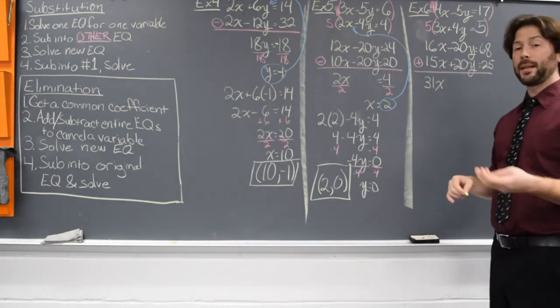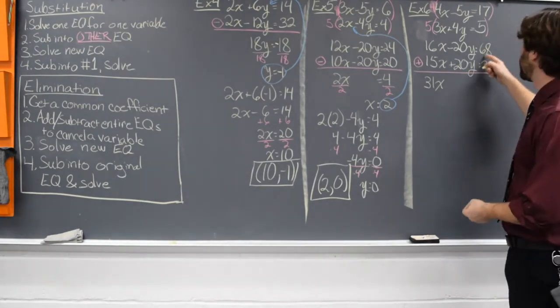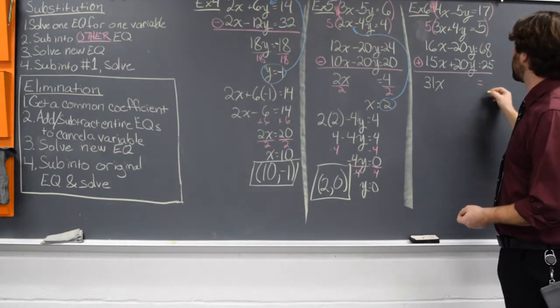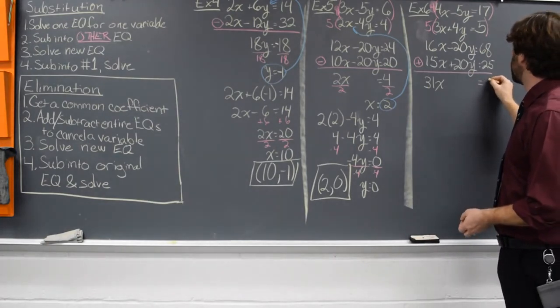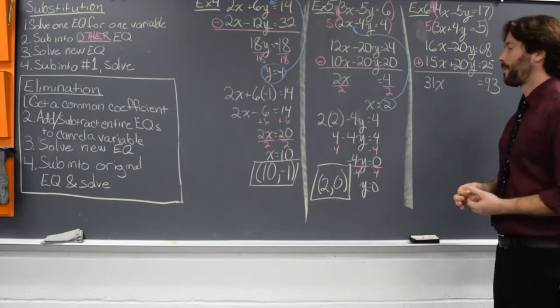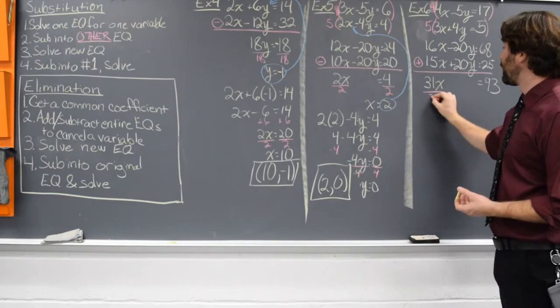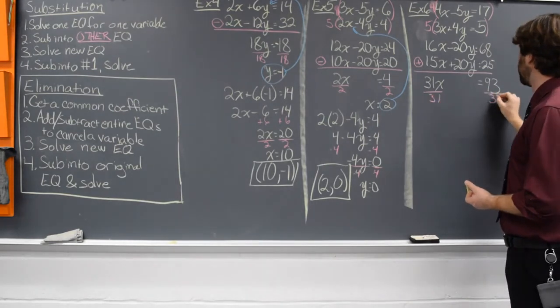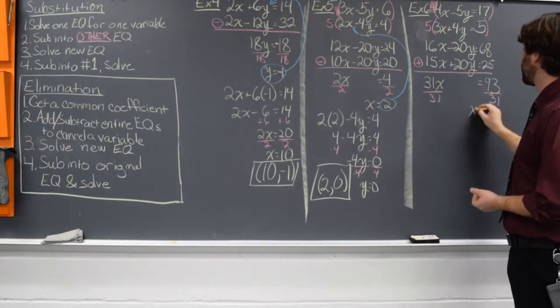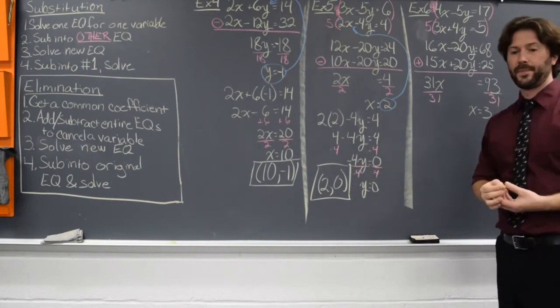Negative 20y plus 20y cancels. And 68 plus 25 is going to be 93. Okay, now I want to get that x all the way by itself. So I'll divide both sides by 31, and I'll have x equals 3.